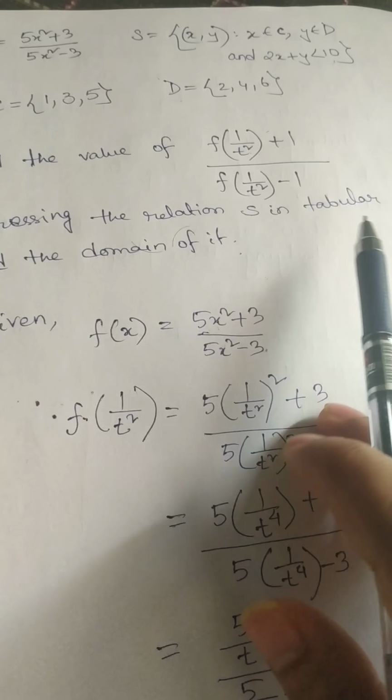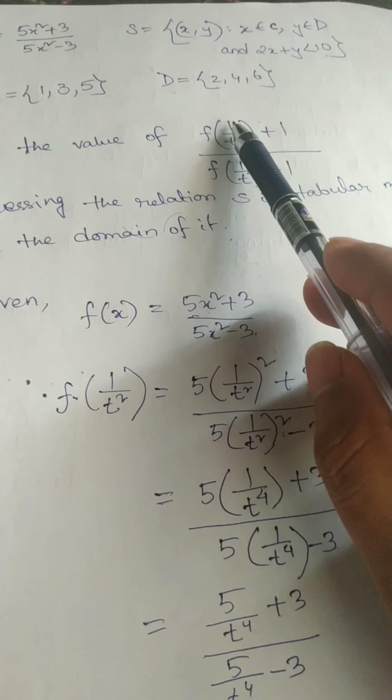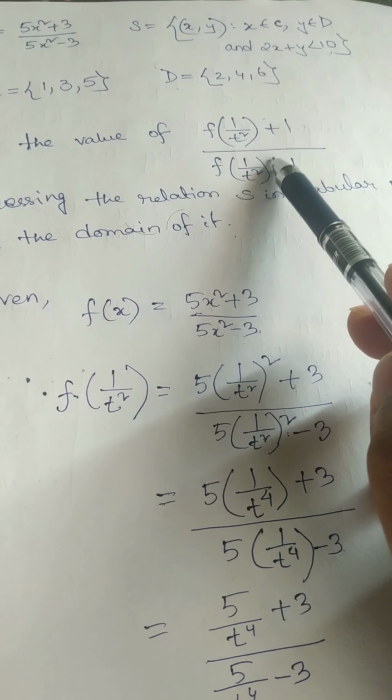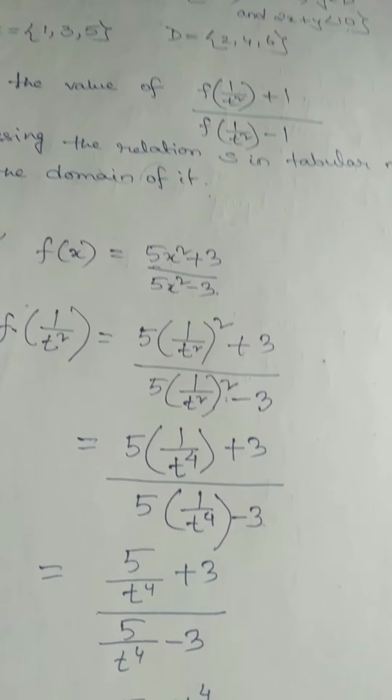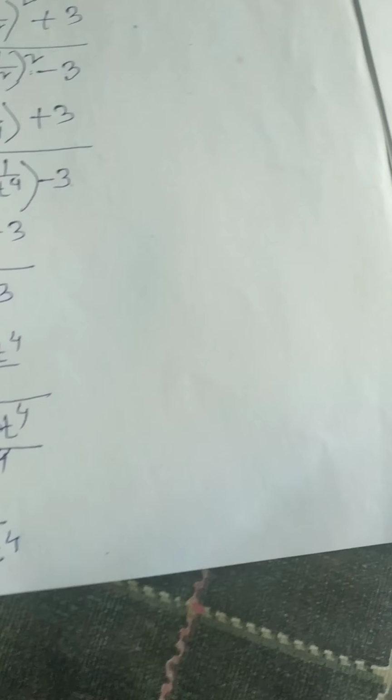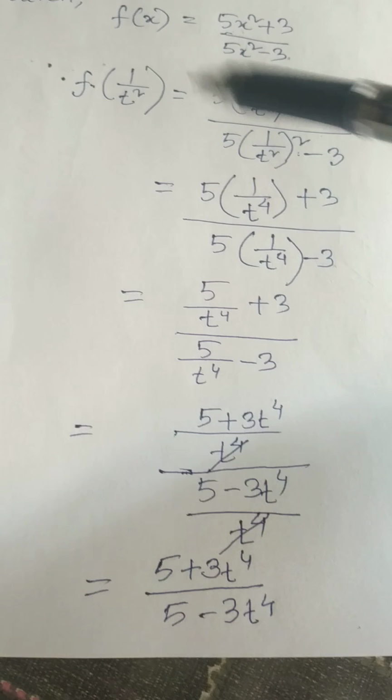Okay, but what we need to find out? We need to find out the value of f of 1 by t square plus 1 divided by f of 1 by t square minus 1. So now over here, if we write f of 1 by t square plus 1 divided by f of 1 by t square minus 1, sorry, bracket will be over here, 1 by t square minus 1, equals to, so we already got the value of f of 1 by t square is this one.